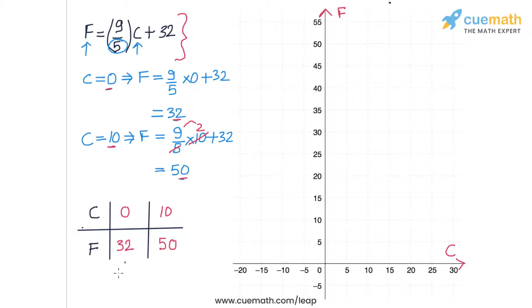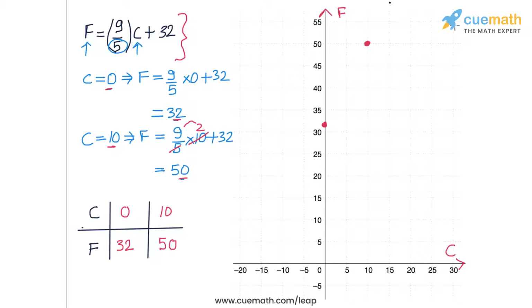The two solutions we obtained were 0, 32, which would be a point on the y-axis somewhere between 30 and 35, and the other solution was 10, 50, which would be this point here.